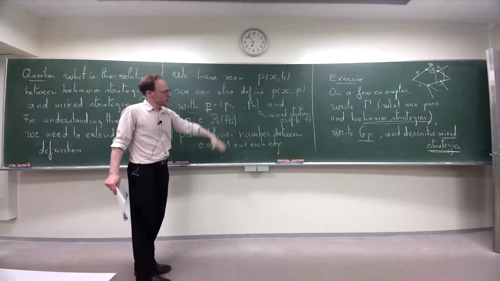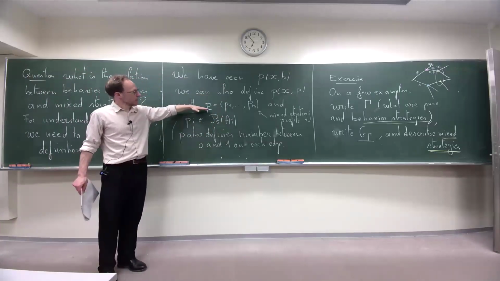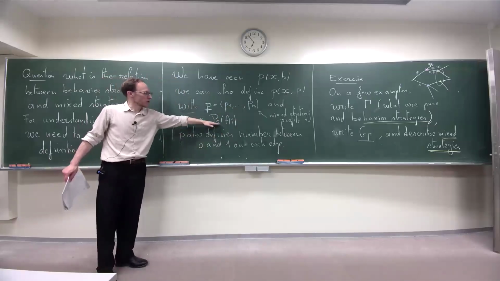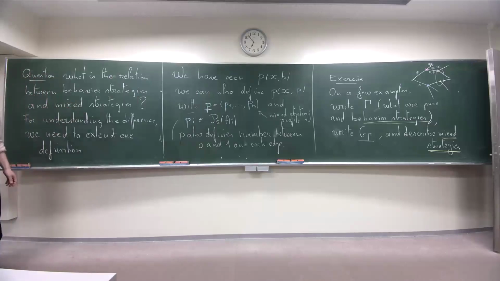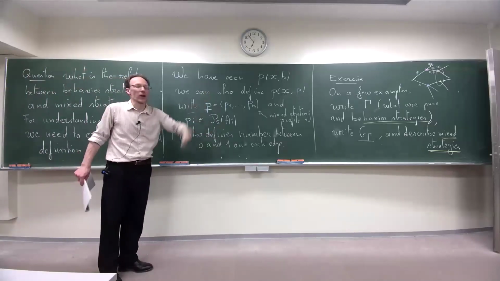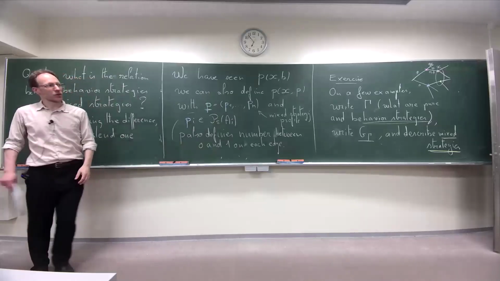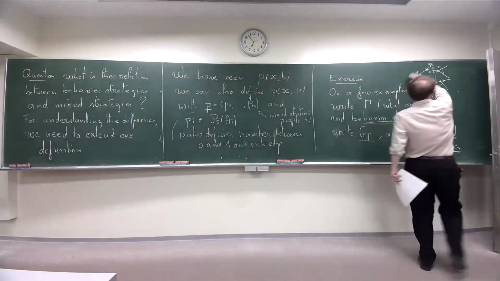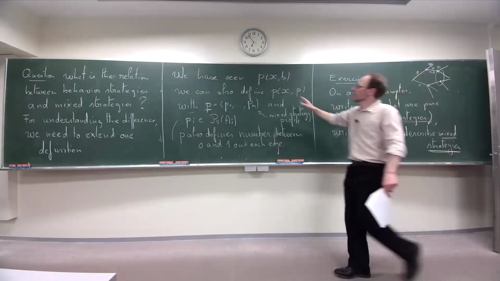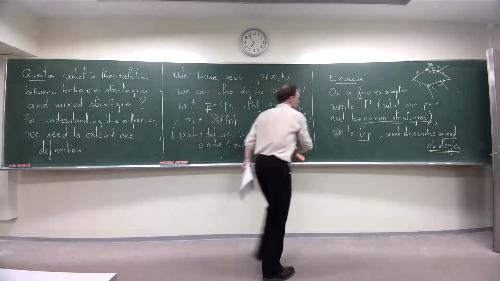Now, if I construct the mixed extension, we have what I denote by P, with Pi a distribution on the set A_i, which is now the set of pure strategies. But if you look carefully, this also defines, in fact, a number on each edge. So I can do the same game. Once I have numbers on all edges, I can just compute the probability of reaching X with these numbers.